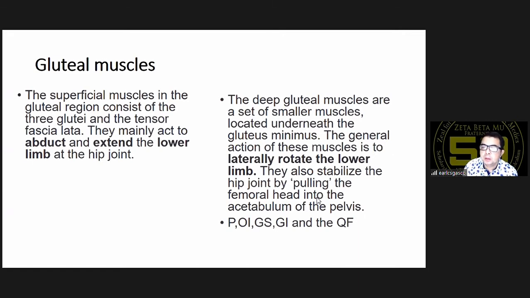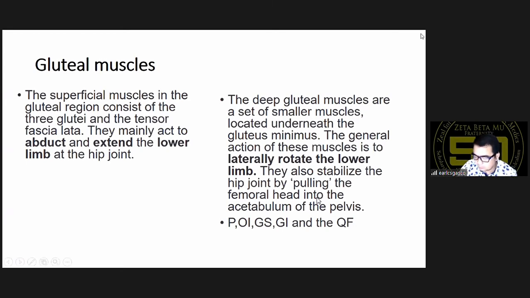The deep gluteal muscles are a set of smaller muscles located underneath the gluteus minimus. The general action of these muscles is to laterally rotate the lower limb. They also stabilize the hip joint by pulling the femoral head into the acetabulum of the pelvis. On page 447 of your book, we have a table there, so you can just familiarize yourself with that.